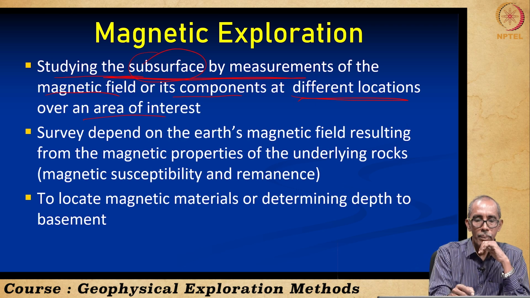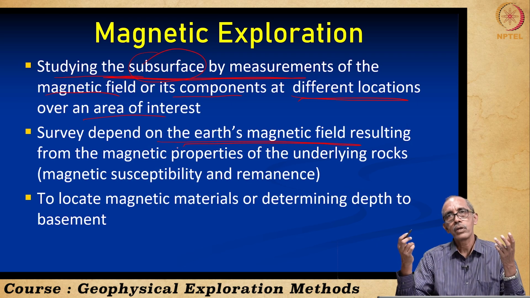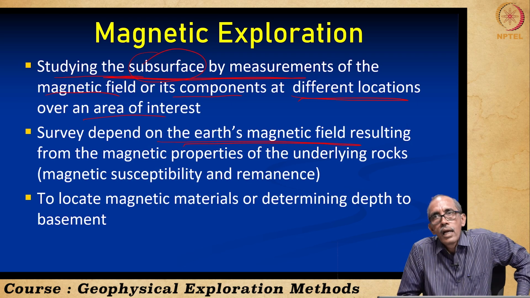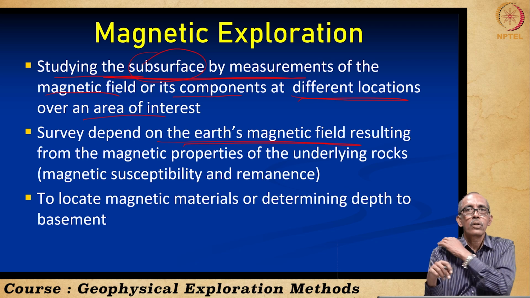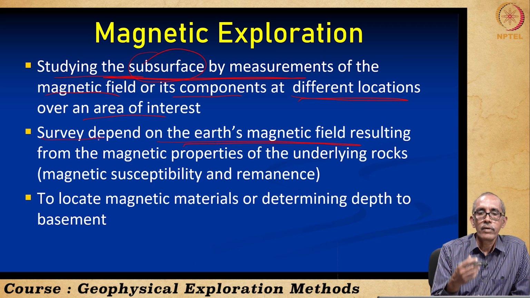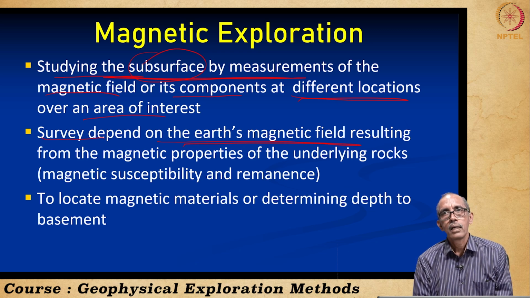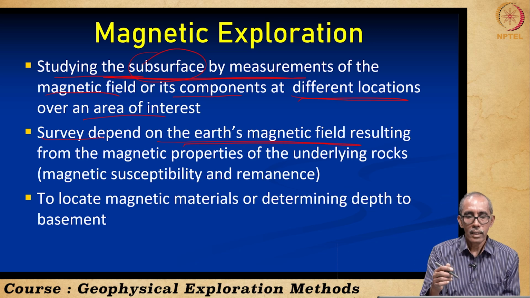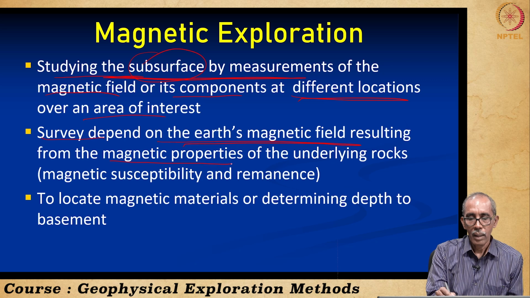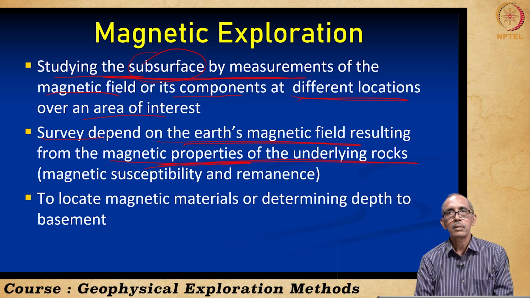The survey depends on the Earth's magnetic field, because we know the Earth itself functions like a large magnet. How? The Earth's magnetic field results from the magnetic properties of the rocks present below the surface.